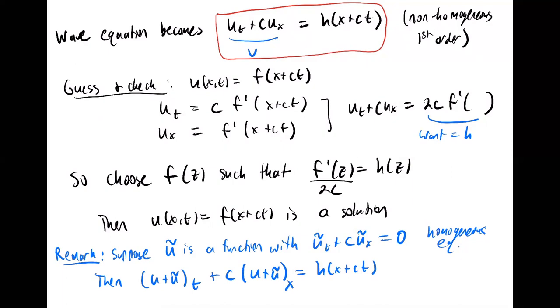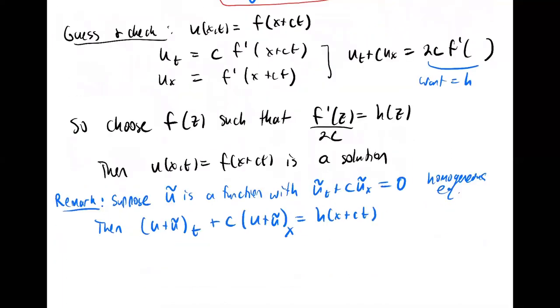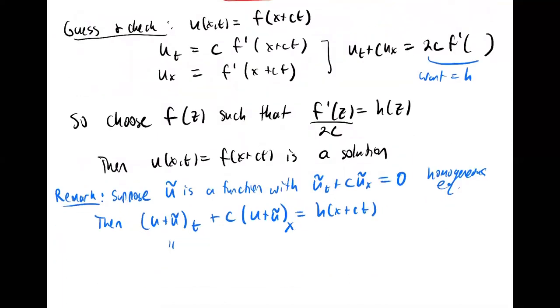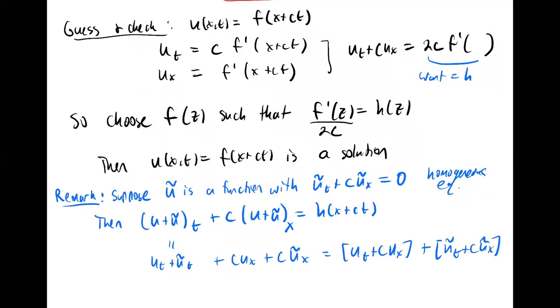And this is just because the equation on the left-hand side is linear, right? Because, right, so what do I have here? I have u t plus u tilde t. And then for the second term, I have c times u x plus c times u tilde x. And so I can rearrange this now as u t plus c times u x, and then, just collecting the like terms, plus u tilde t plus c u tilde x.